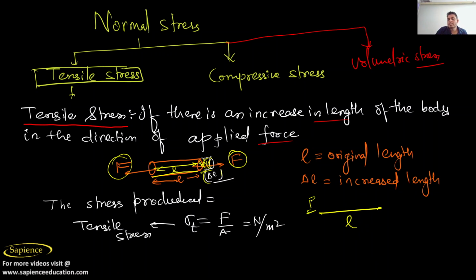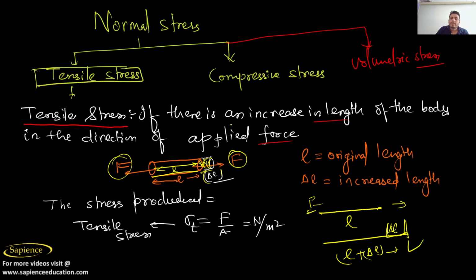When you apply a force in opposite directions, the length got increased by del L. So this part is known as change in length. So total length is equal to L plus del L, right? Earlier it was L, now it became L plus del L. So del L is the change in the length.